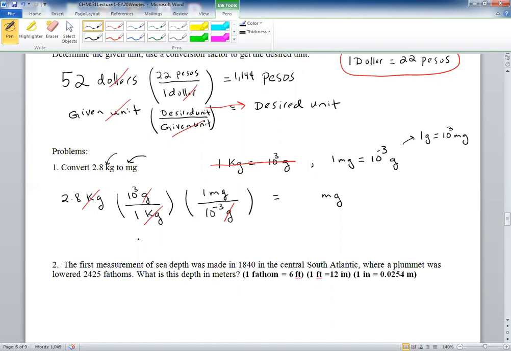But if you go into your calculator, obviously 2.8 times 1,000, or you can just open parentheses and put 10 exponent, EXP or EE or caret, to the 10 to the third, and then divided by 10 EXP or EE or caret to the negative third.